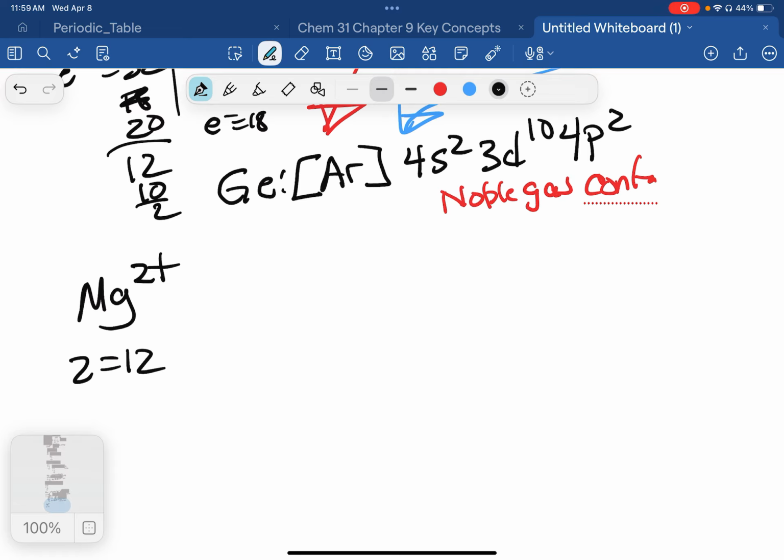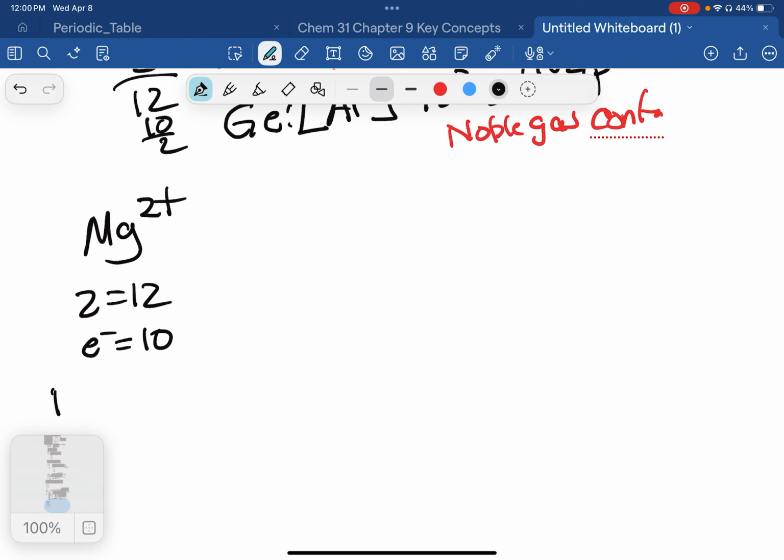But if we recall that when you have an ion, you've given up two electrons. And so in this case, the electrons is actually equal to 10, because we have given up two of our electrons. And so we have two fewer electrons than we have protons. We can do the same thing by saying protons plus electrons equals your charge, and that's basically how that works. That would be for a neutral.